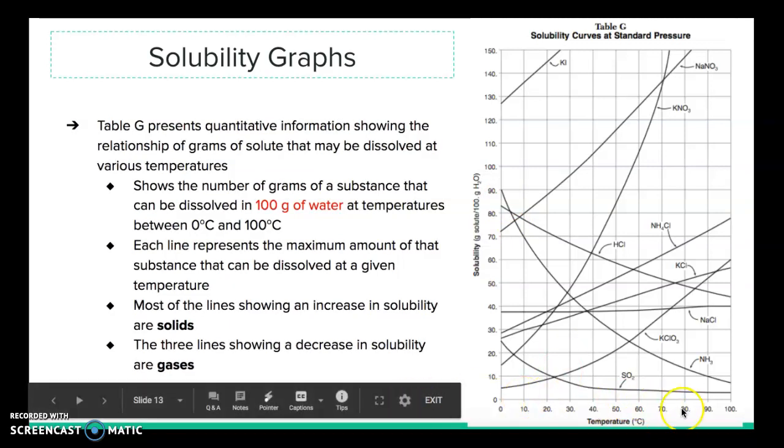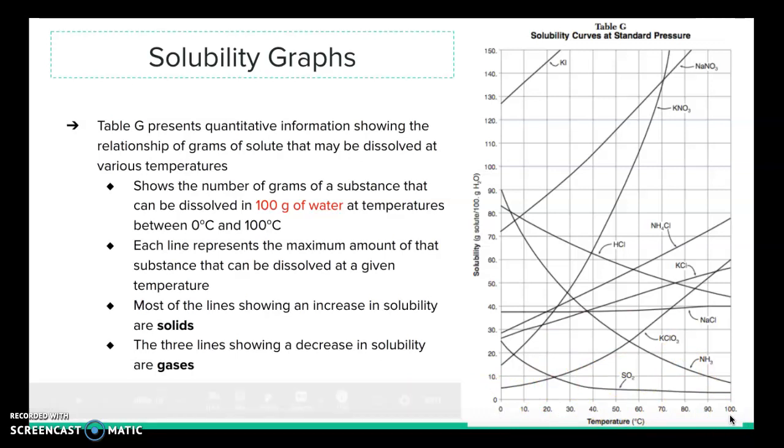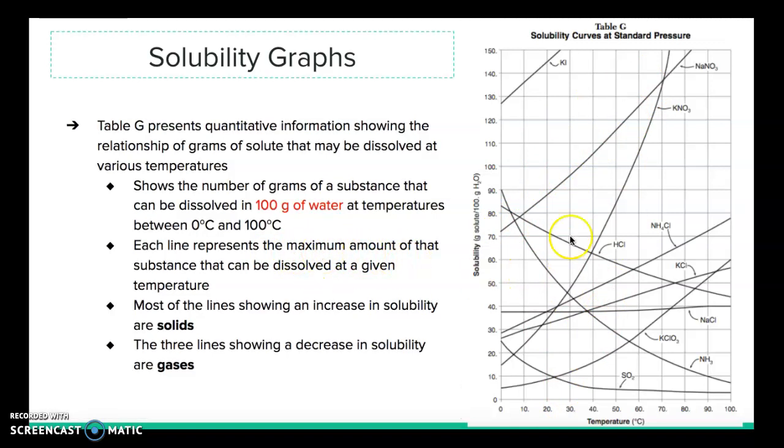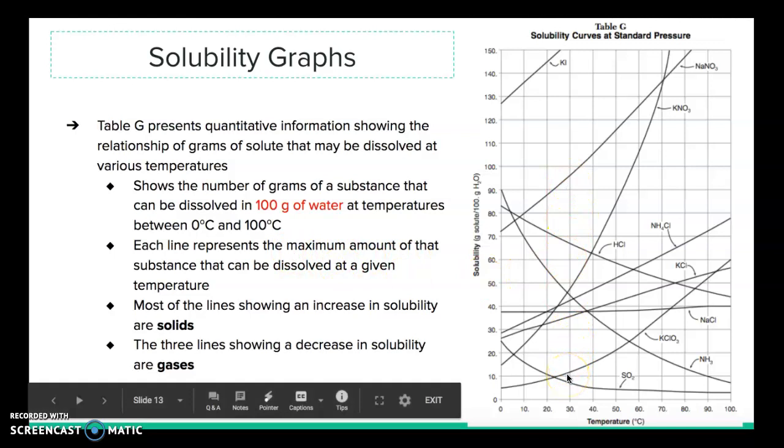Here we have different temperatures going from 0 degrees Celsius to 100 degrees Celsius. If our point falls on a line, we are at the maximum amount of substance that can be dissolved at our given temperature.